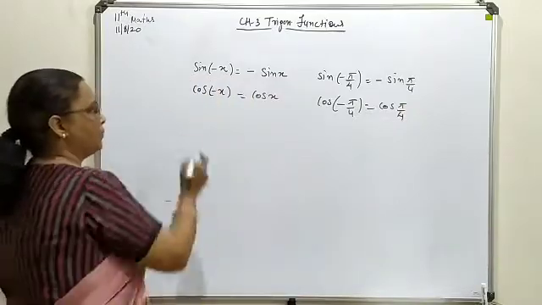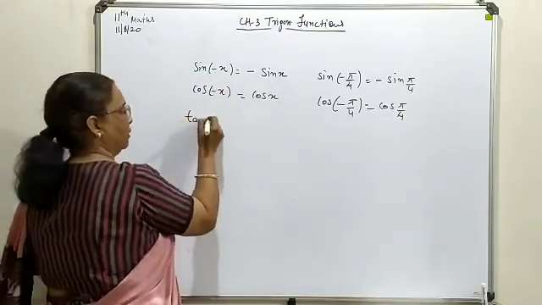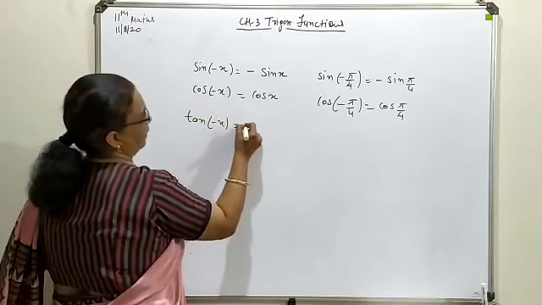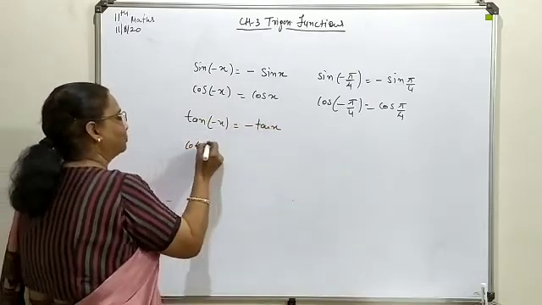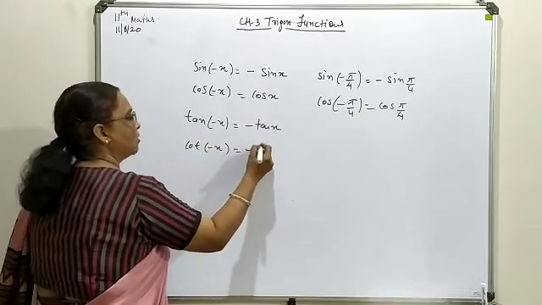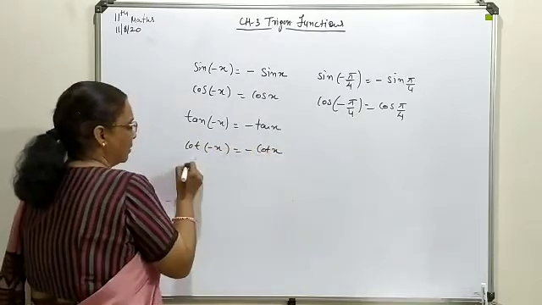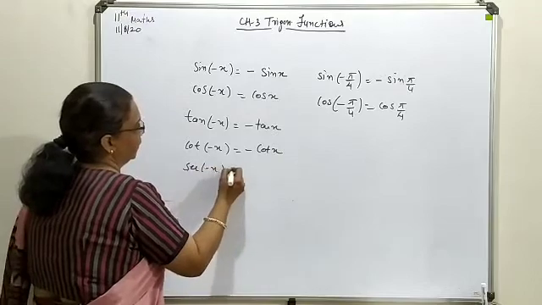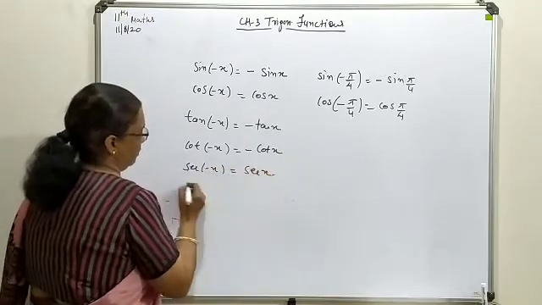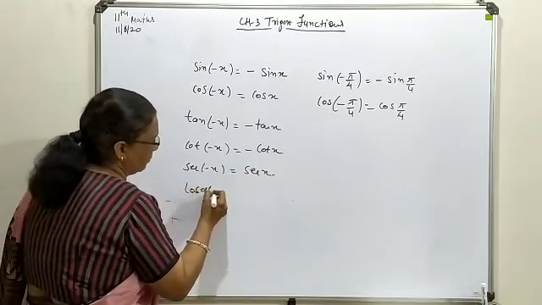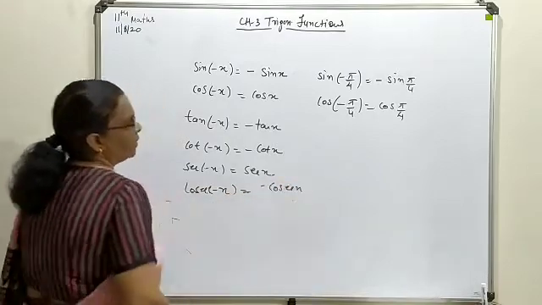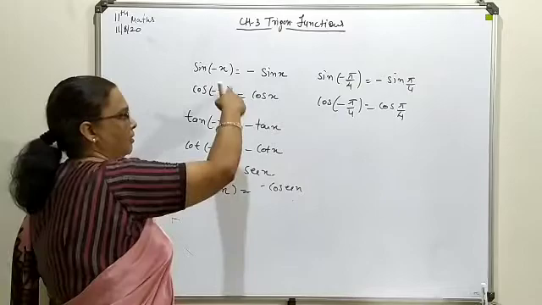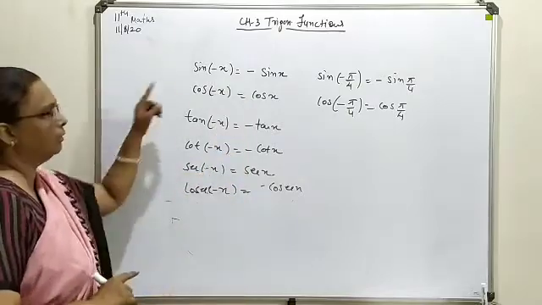Next, in tangent, if these two are clear, automatically the remaining will click to your mind. Cot, that is also minus cot. Sec is plus sec, and cosec, because it links with the sine, this will give you minus cosec of x.